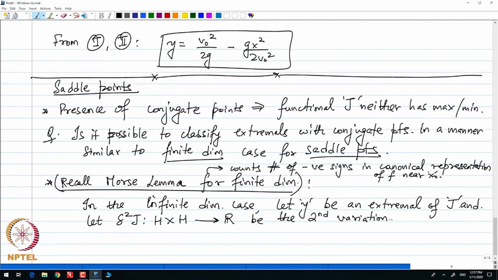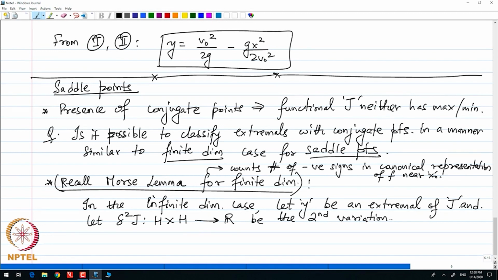So, which means that the Morse index of the extremal is going to be the maximum subspace in which the second variation is negative definite. Remember, the Morse index always used to count the number of negative signs in the finite dimensional case. So, in the infinite dimensional case, it gives us an idea of the maximum subspace where the second variation is going to be negative definite.